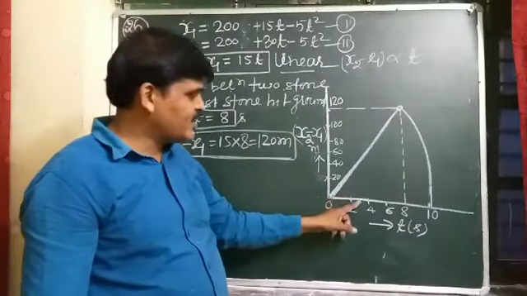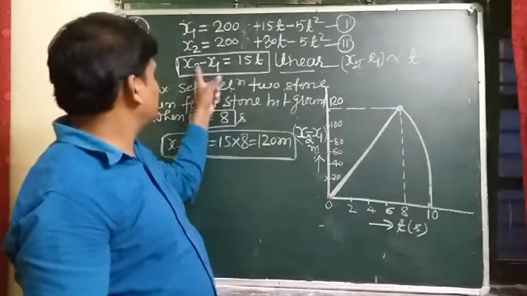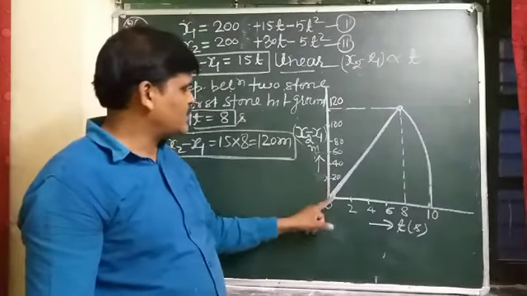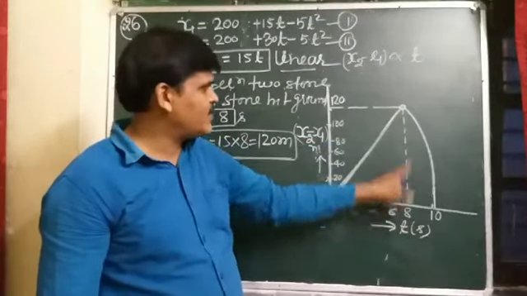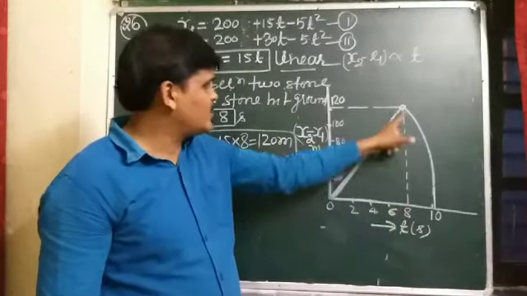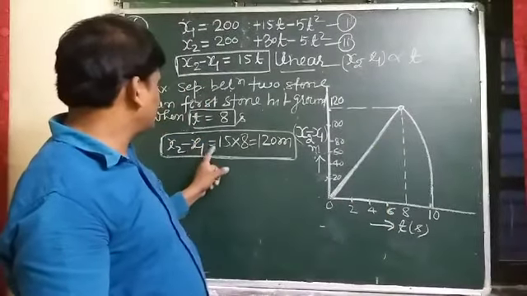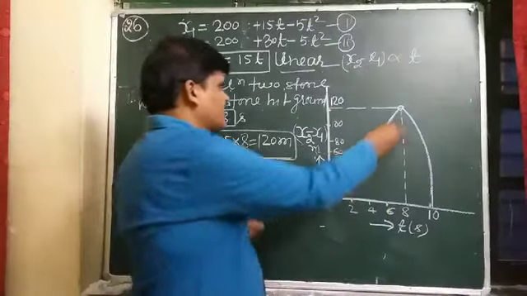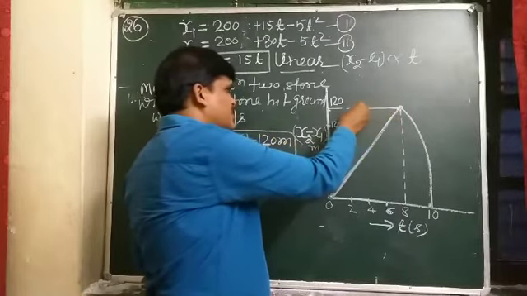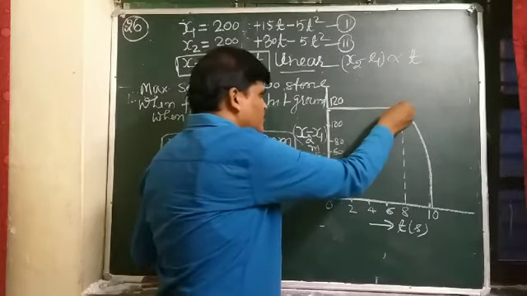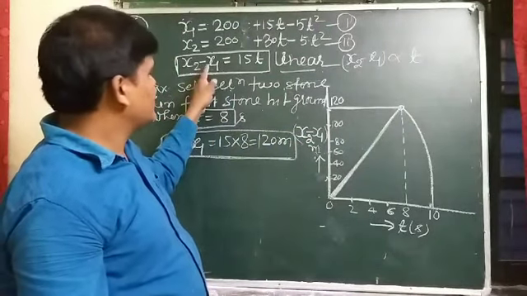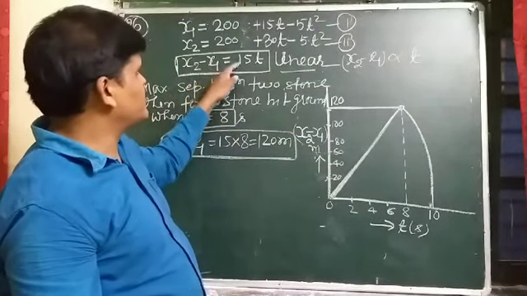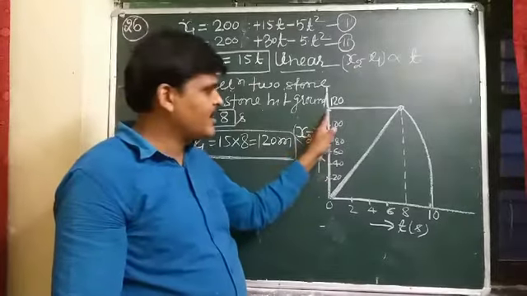By increasing the time, x2 minus x1 also increases till t equal to 8, when first stone hits the ground. So x2 minus x1 is 120 meter, and this is the maximum or relative separation between two stones. And this is the linear equation of relative separation between two stones, which is 15t.